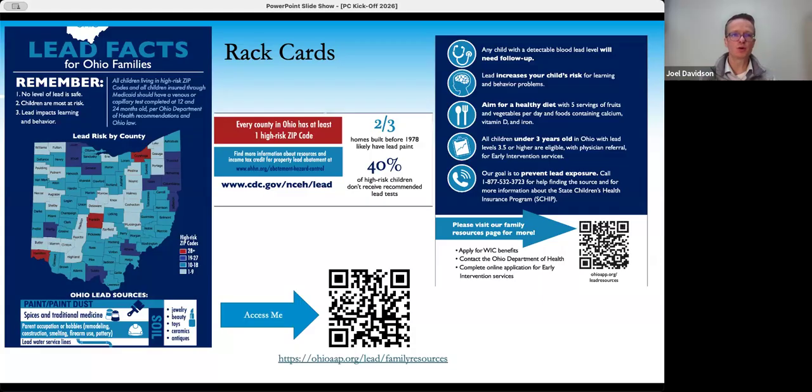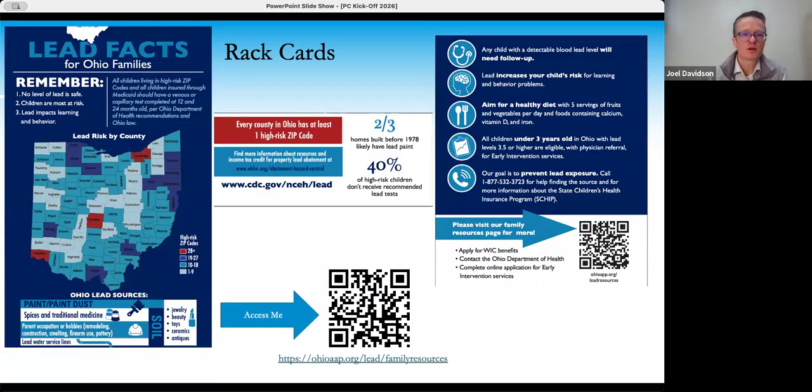The reality is that each one of our 88 counties in Ohio has some pockets of high risk exposure to lead because it's really an older housing problem. So really no one's exempt from that, but there are areas that are experiencing a little bit higher levels of lead. This reminds patients that there's no level of lead that is safe, that children are the people we care about the most, and that it impacts learning and behavior.